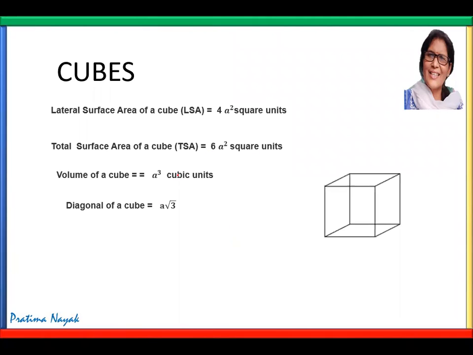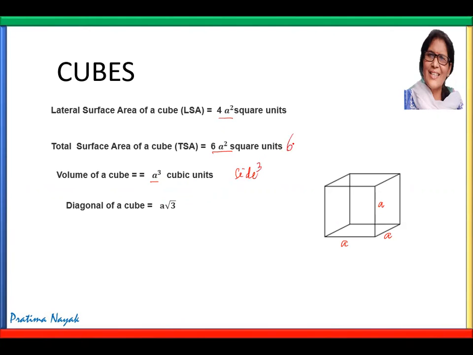Similarly, for cubes, you know that all the sides are denoted by A because they are the same. So for lateral surface area, we use 4A square. For total surface area, we use 6A square. For volume, we use A cube. That means it is side cube.